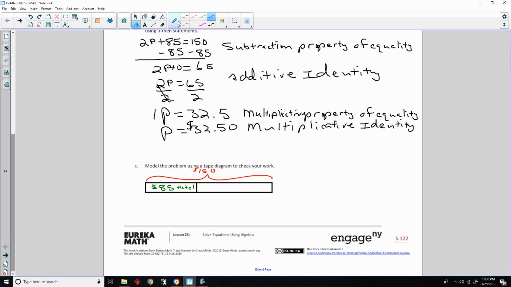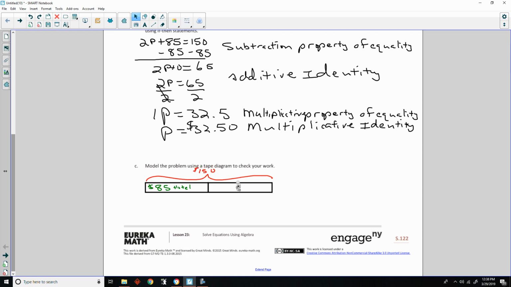And then I would have to split this again like so. And then I might want to move this over because these are not equal to 85. Let's move that. Maybe over like that.